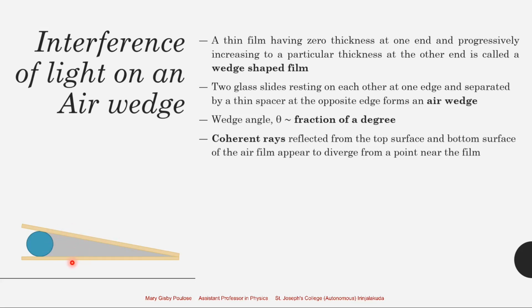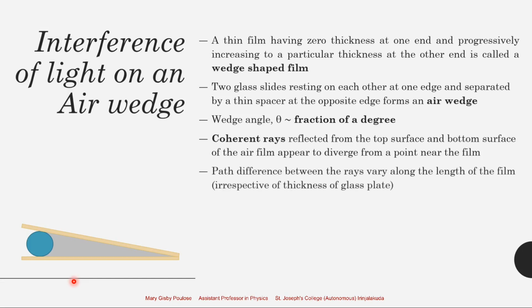The transmitted light again gets reflected from the bottom glass slide, and these two reflected rays interfere to produce an interference pattern. Since these two reflected rays are produced from a single source, they are coherent rays. These two coherent reflected rays appear to diverge from a point near the film, below the film.